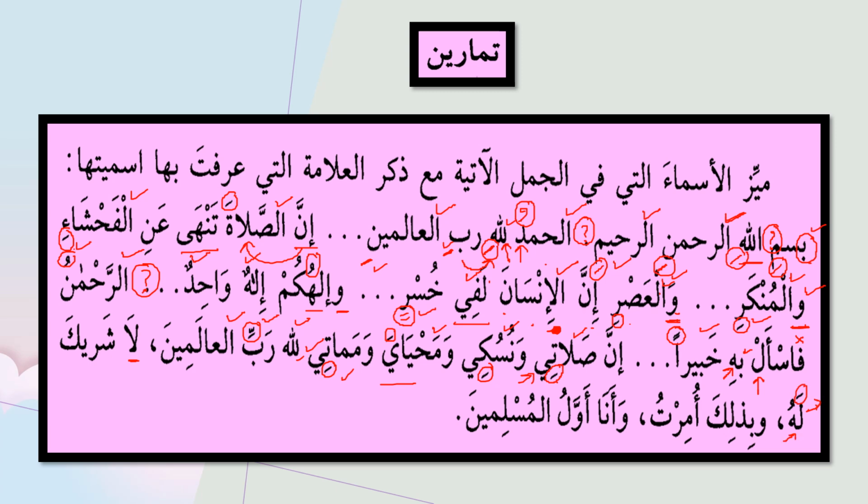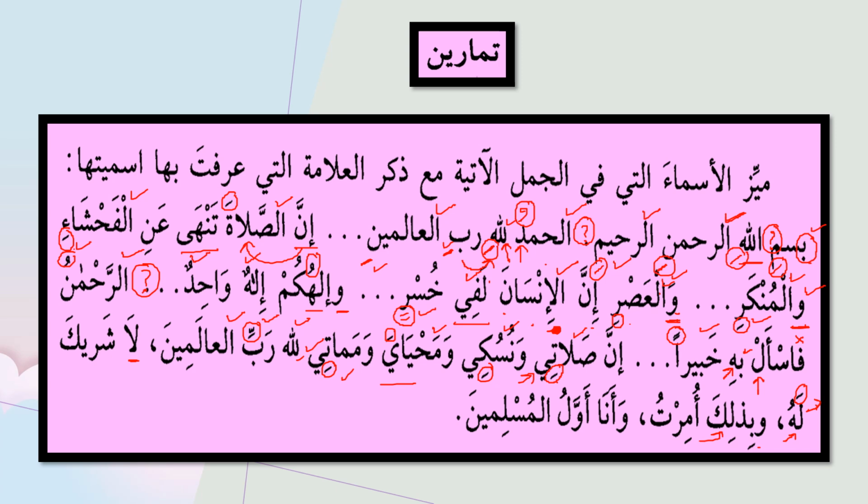This you will learn in the rules when the harf jar is added with a damir. Wa bidhalika, there is a harf jar, but this dhalika is the ism al-ishara. So all ism al-isharas are considered to be nouns. Umirtu, there is no kasra, no lam tarif, no tanween, so this is not a noun.